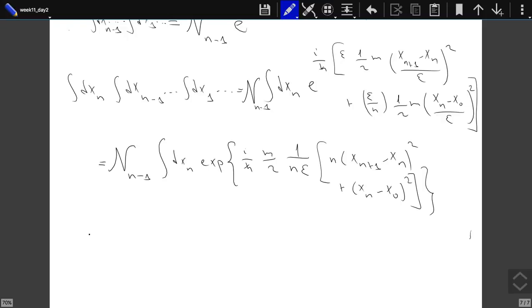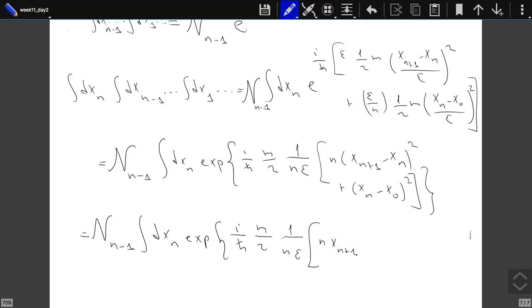This is equal to, well, the normalization we have, exponent i over h bar m over 2, 1 over n epsilon. We have the n times xn plus 1 squared. This doesn't depend on xn. And then we have x0 squared.